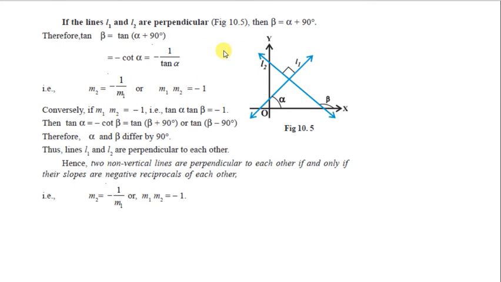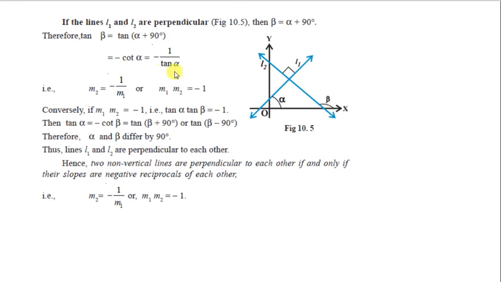Now if the two lines are perpendicular, suppose L1 and L2 are perpendicular to each other, and L1 is making angle alpha with the positive direction of the x-axis measured anti-clockwise, L2 is making an angle beta with the positive direction of the x-axis measured anti-clockwise, then beta is equal to alpha plus 90, because the opposite angle to it will also be 90 degrees, vertically opposite angles, and beta is equal to alpha plus 90 by the exterior angle property.